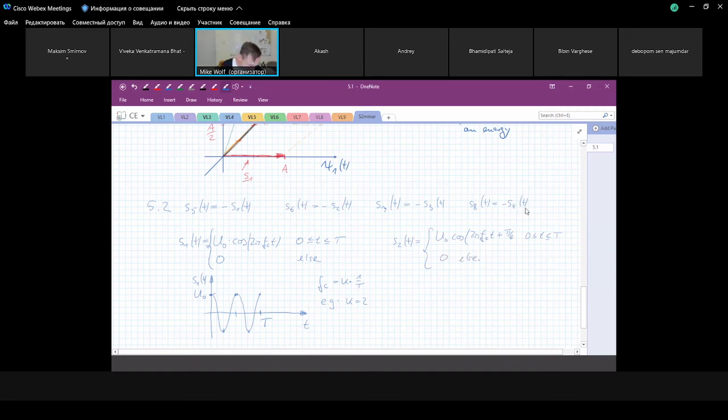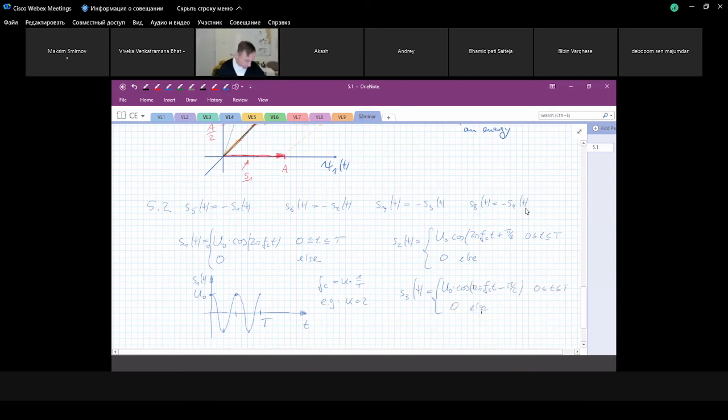But it's interesting to note, now I just write the third signal, and the third signal is just this one. It's U naught times cosine of 2 pi fct minus pi by 2, 0 else. Okay.